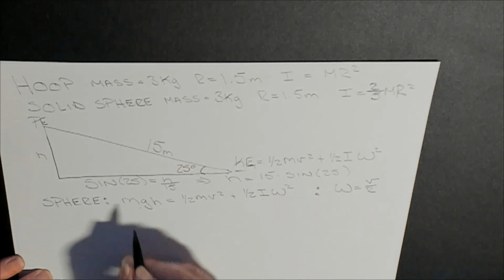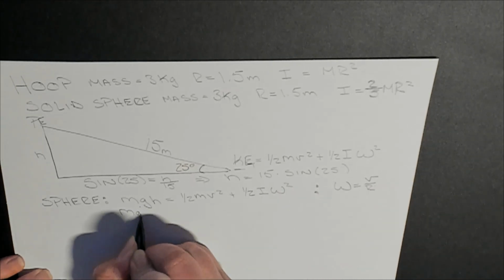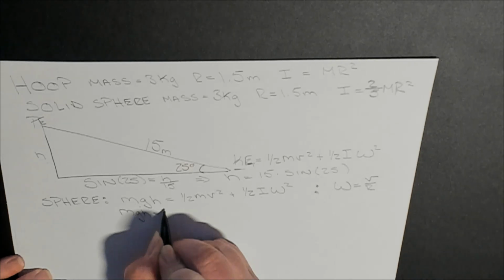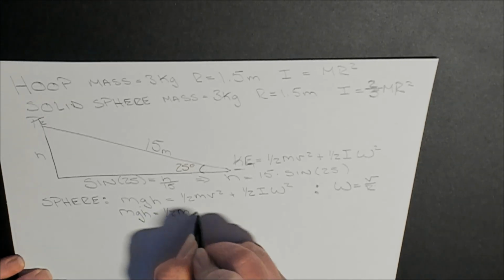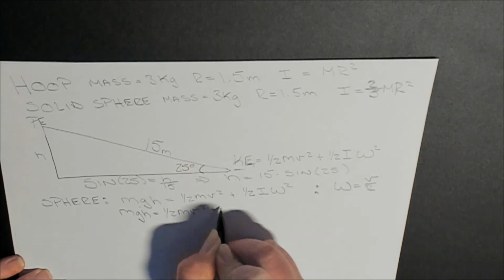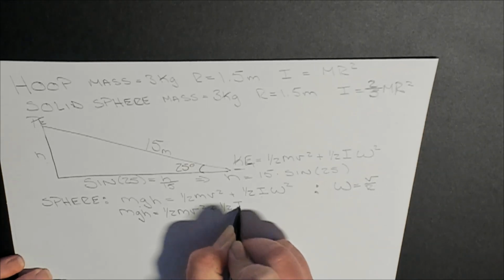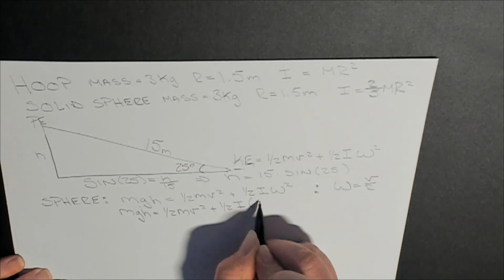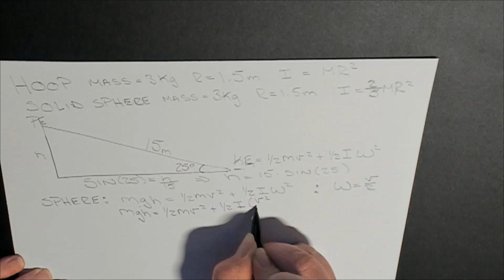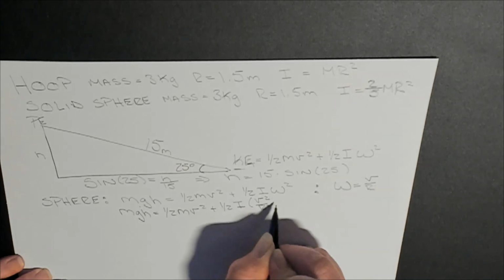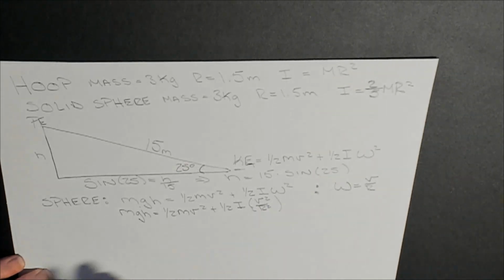Into this equation, and so that gives me mgh equals 1/2 mv squared plus 1/2 I omega squared, so v squared over r squared. Cool. Now what about I?